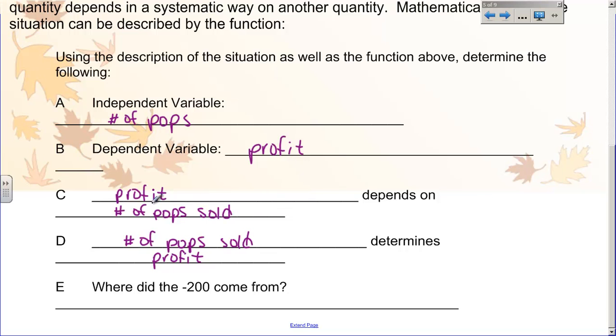The minus 200 is going to be their startup fee. It's their startup cost. It's what they had to pay before, because it has to be deducted from their profit. So it's being deducted from the amount they make. It's how much they have to pay for the pops. It's how much they're paying for advertising. It's their startup cost is what that amounts to.